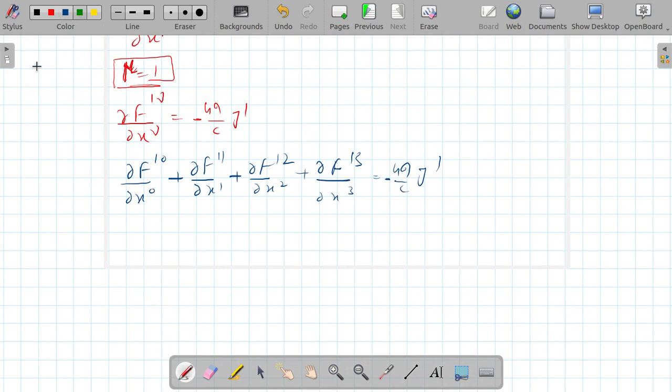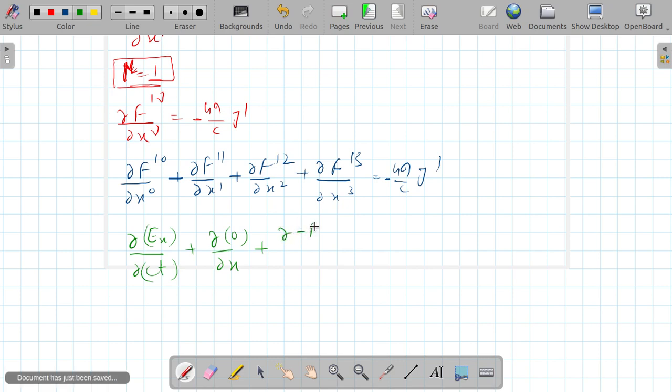So this will become, if I use their values from the earlier lecture, ∂Ex/∂(ct) plus 0, and here its value will be −∂Bz/∂y plus ∂By/∂z.